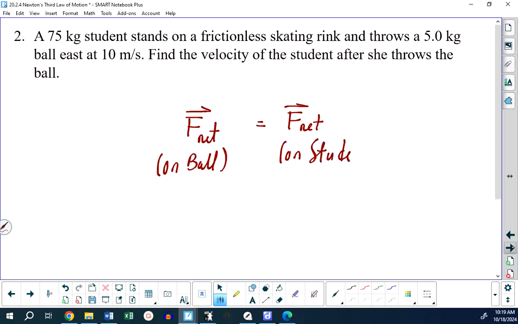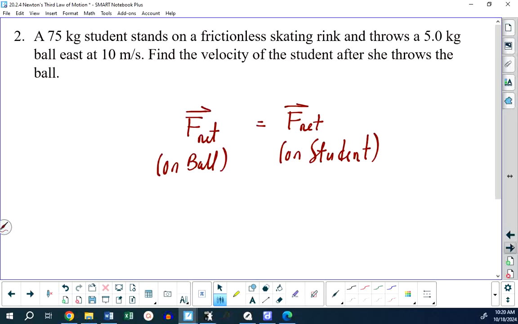I'm saying that the net force that the student exerts on the ball is equal to the net force that the ball exerts on the student. That's what that says. But it's wrong. And I was going to say it's technically wrong, but that's the worst kind of wrong. Technically wrong is wrong. Well, it's not technically 120 volts, but go ahead and try it anyway. We don't want to do that. What's wrong?